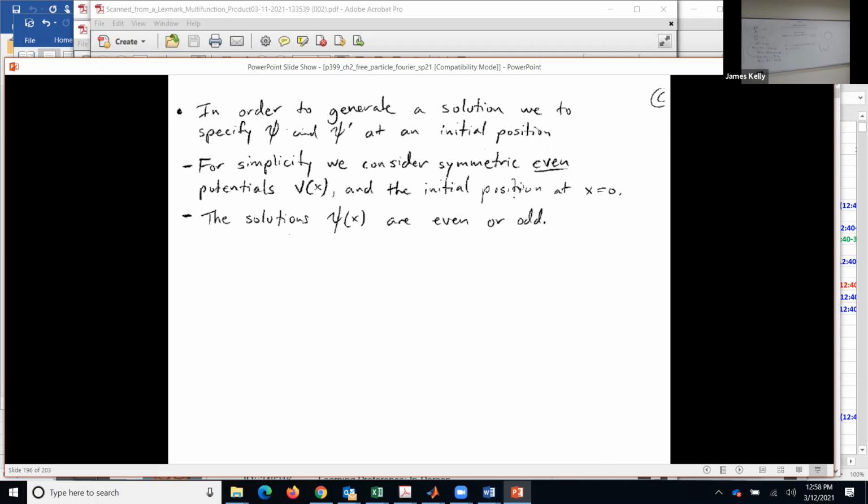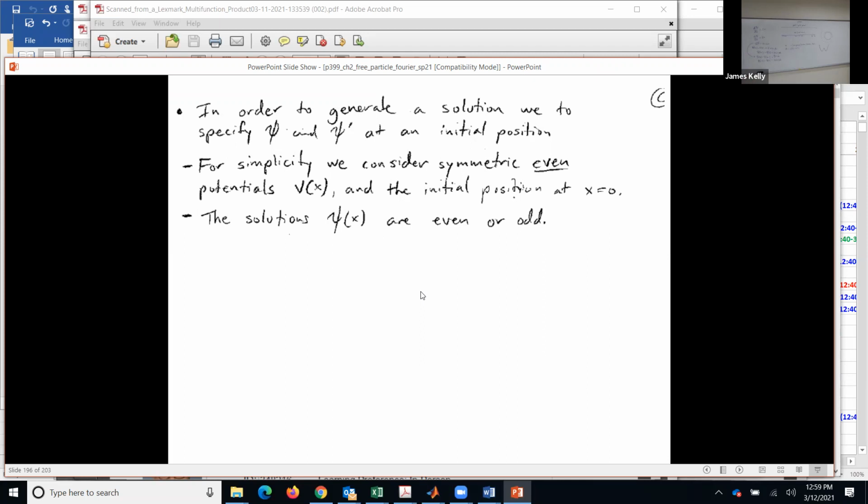And if you don't have a symmetry to your potential, you have to think a little bit more carefully about it. So I want you to use some symmetric potential, and it can't be anti-symmetric. It's got to have a minimum, so it's got to be some left-right symmetric potential. Okay, so the solutions are even or odd.